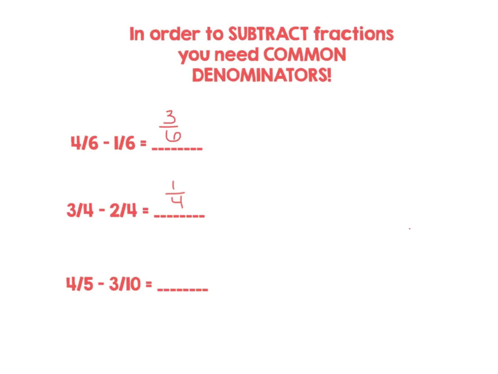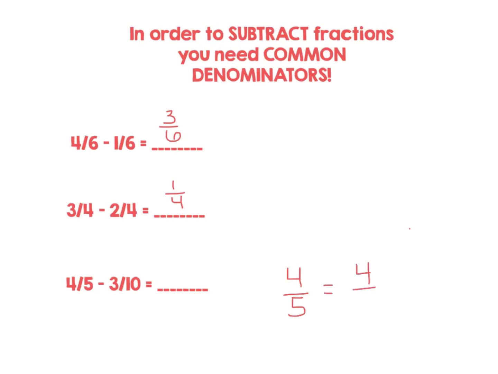But things can get tricky because look at this last example. I have fifths as my denominator, and I have tenths. 5, 10, not the same. So I need to do some multiplication. And so I have to tell myself that I am trying to find something that is the same as 4/5.